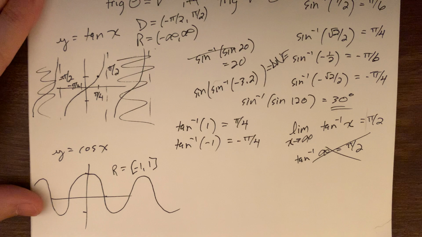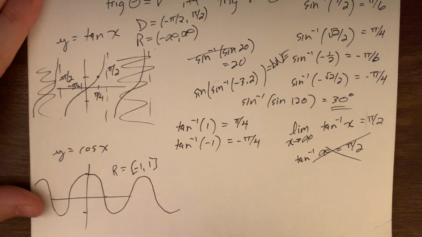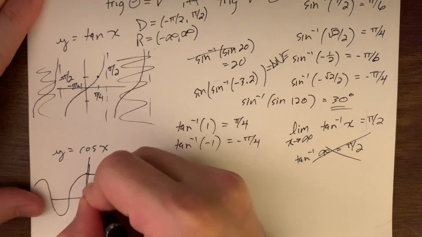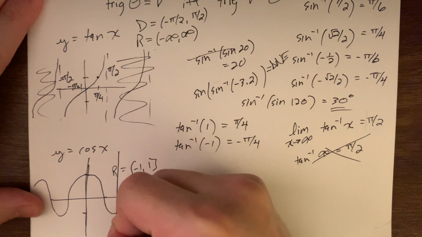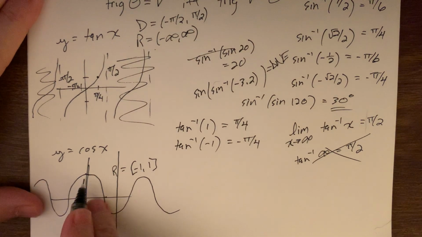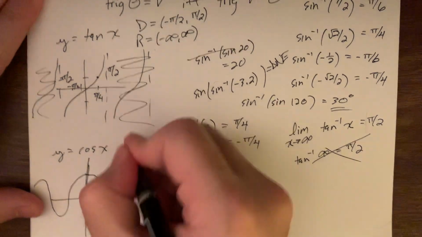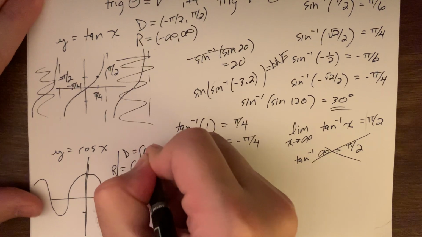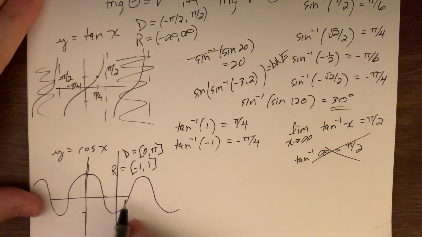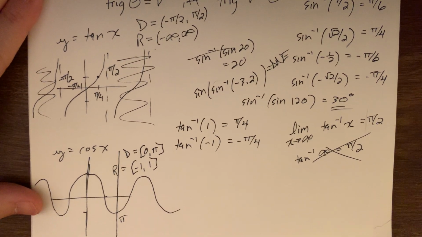So for cosine, we need a separate restriction, and cosine goes from here to here. 1 to -1 on the y scale, and that'll go from 0 to pi on the x-axis.